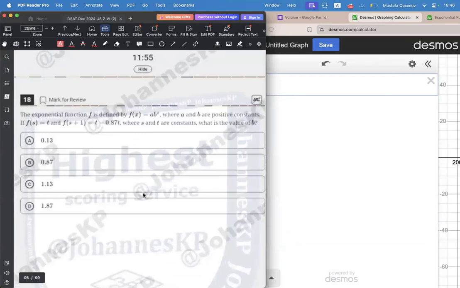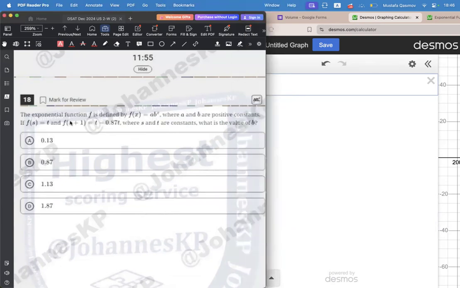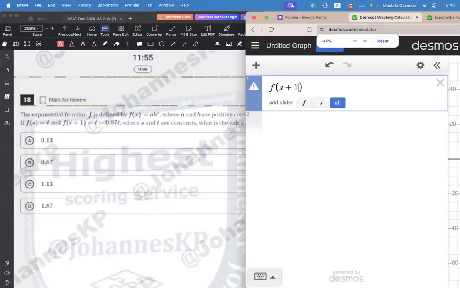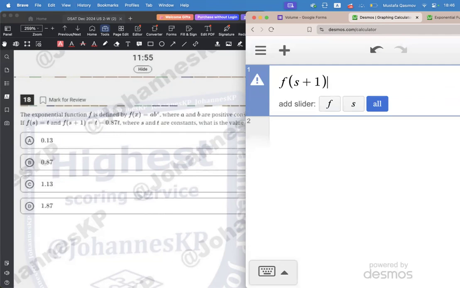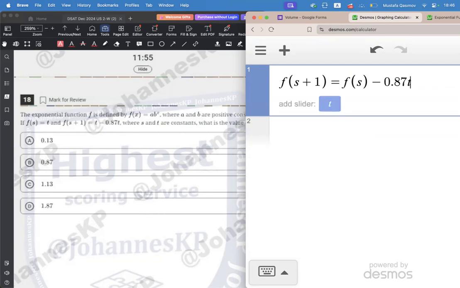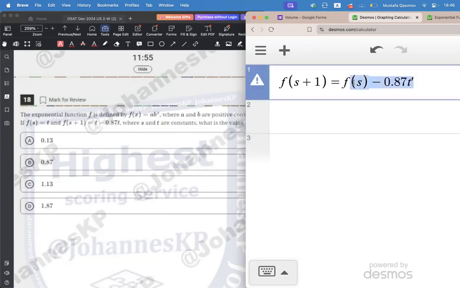$18. For 18, let's write instead of t, f of s. Okay, we know that it is 0.13 t, so let's write here 0.13 t. Then let's write instead of t, f of s.